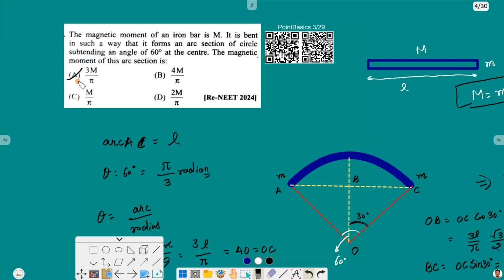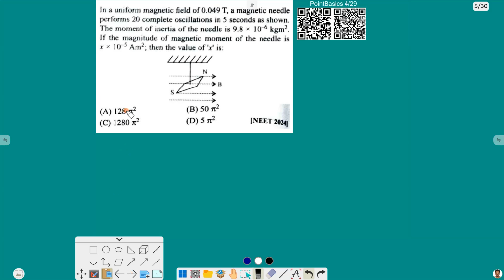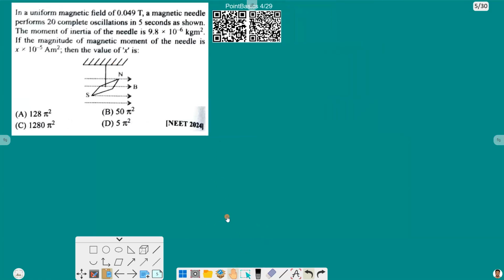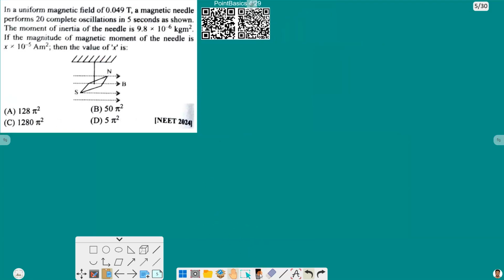Now let's move to the next question. In a uniform field, a magnetic needle performs 20 complete oscillations in 5 seconds. So here we have 20 oscillations in 5 seconds, or we can say time period will be time by number of oscillations.